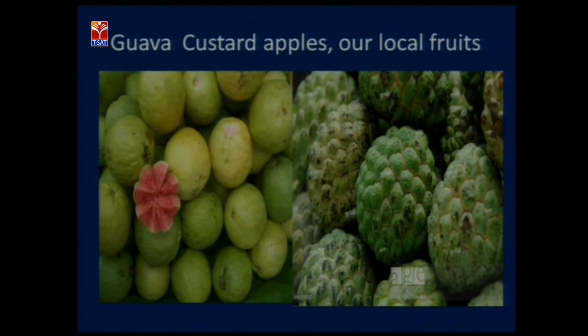We have to give importance to local things that students come across in their day-to-day life. For example, custard apples are in their experiential orbit. When they go to the market, they see them, observe them, eat them.